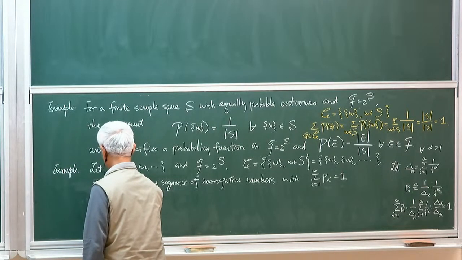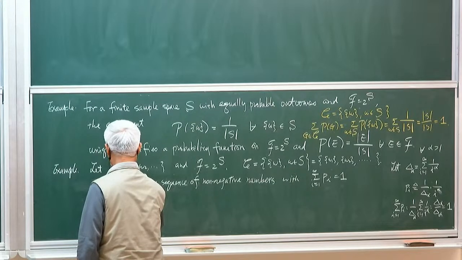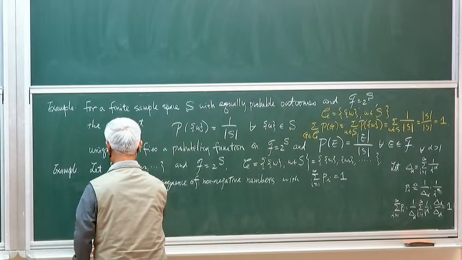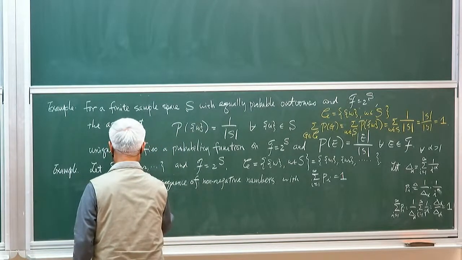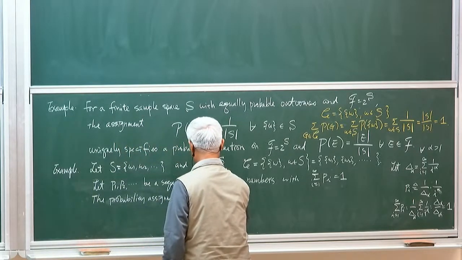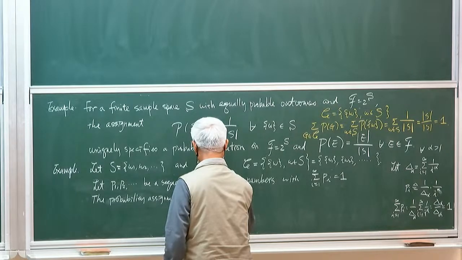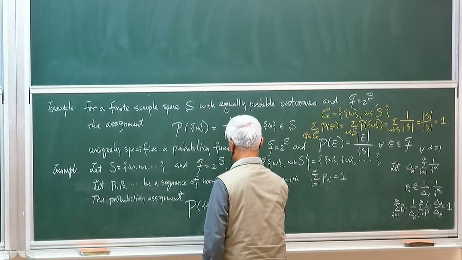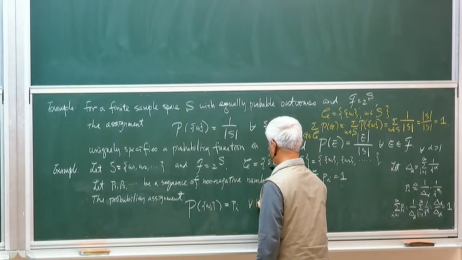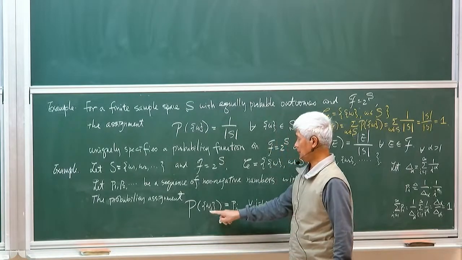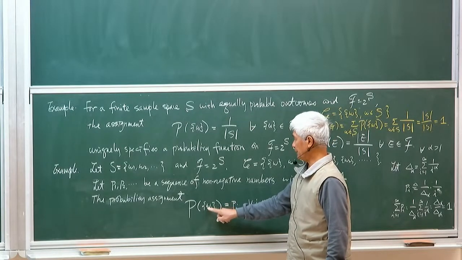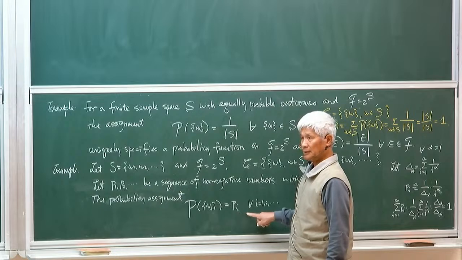The assignment. So the probability, for the singleton consisting of the ith sample, the probability assigned to it is p_i.